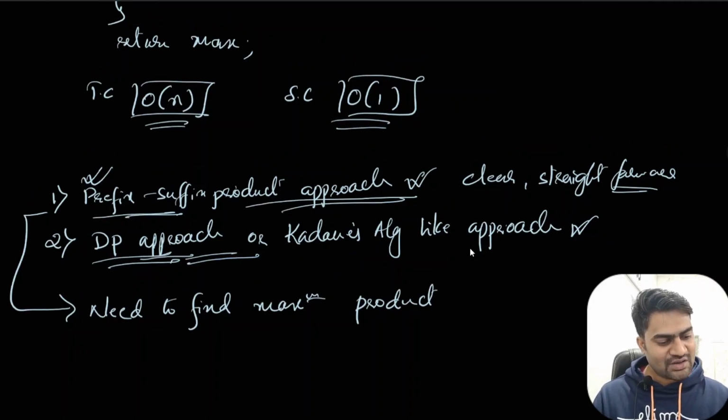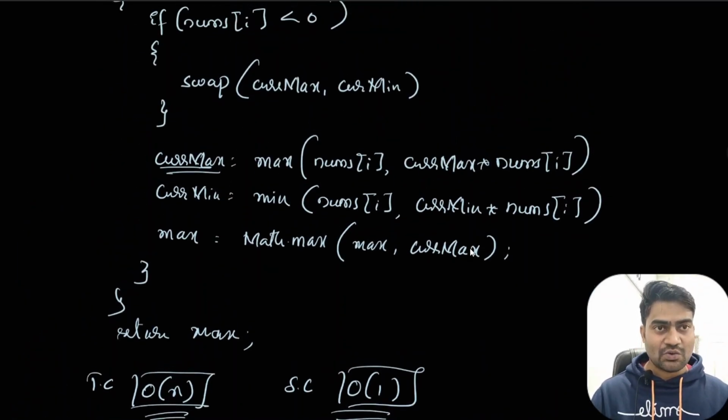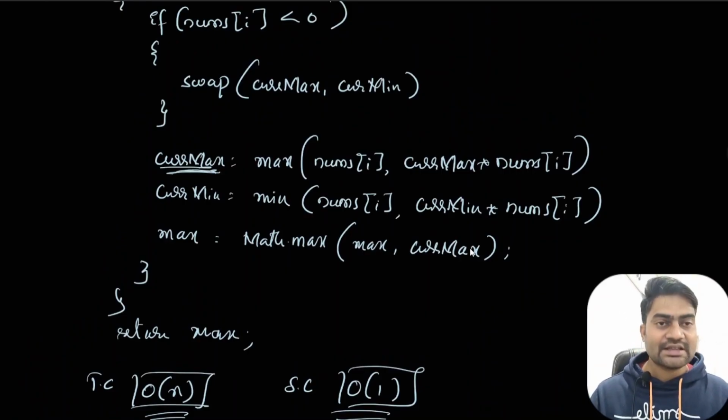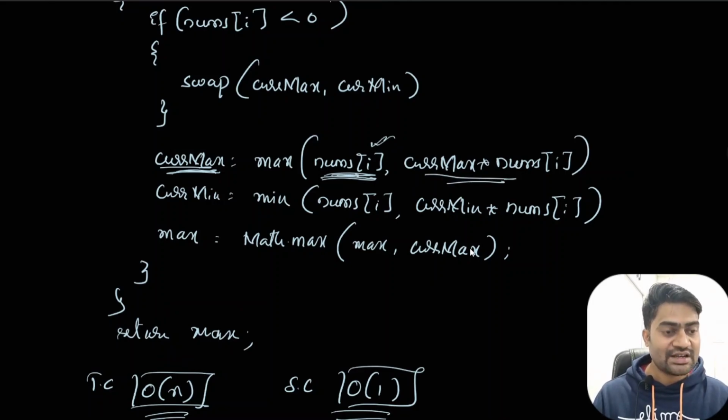Okay, so if that is the case, then how do we find the array itself? Now we will make a small modification in our code. Basically we are trying to update the current max, right? When do we update the current max? So current max gets updated based on this particular nums of i. If this is more, then we will take this number as the current max. But if this is more, then we will not consider this nums of i.